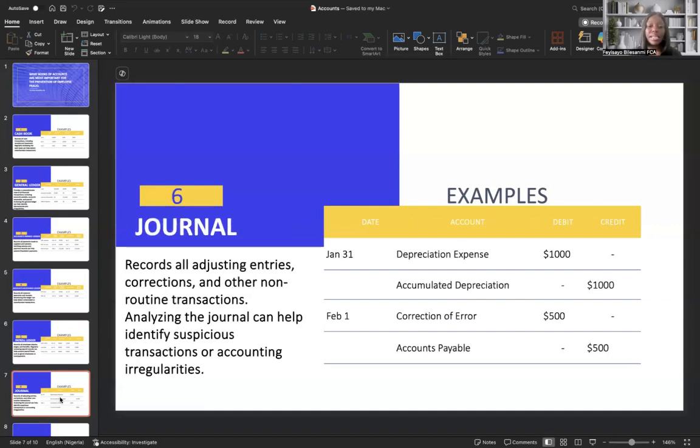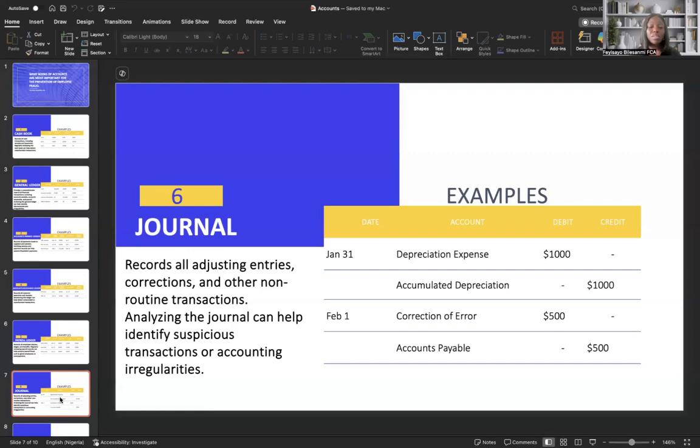Now, let's look at the next book of accounts. We're looking at the journal. Now we have what we call journal entries in accounting. I don't want to bore you with this, but this is one of the major ways that we are able to adjust for errors in accounting.